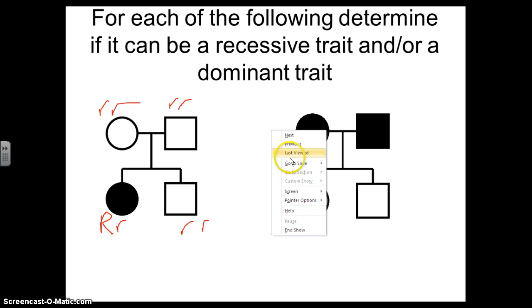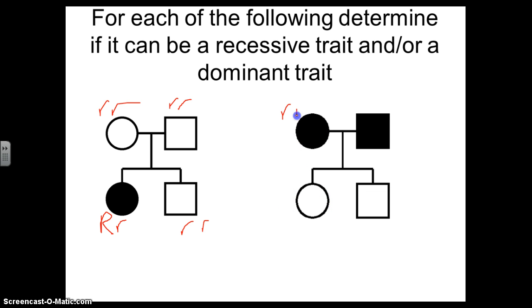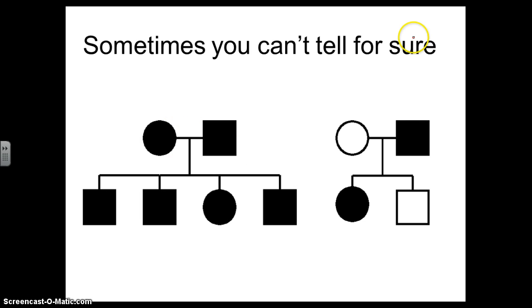We'll assume in this case that these are little r, and that these are big R, and you'll see that that's not possible. These two cannot have this child. So in this pedigree, the trait is dominant. In this pedigree here, you can't actually tell for sure.